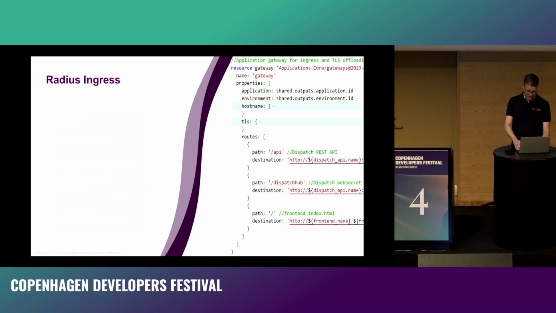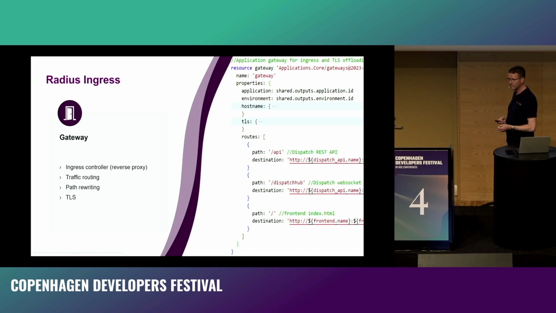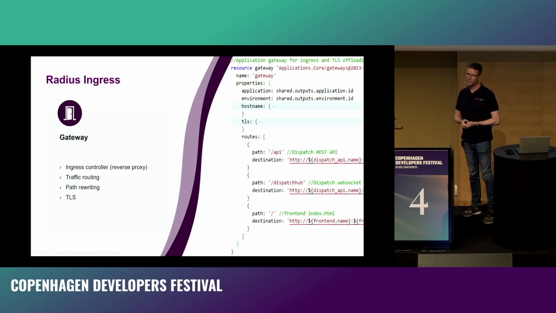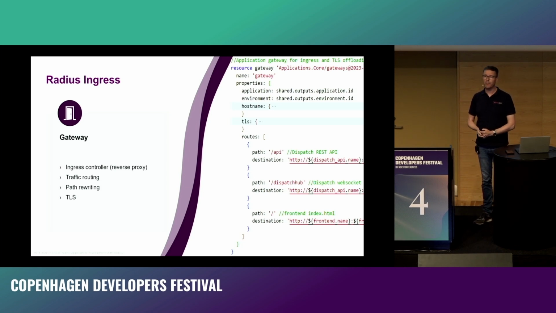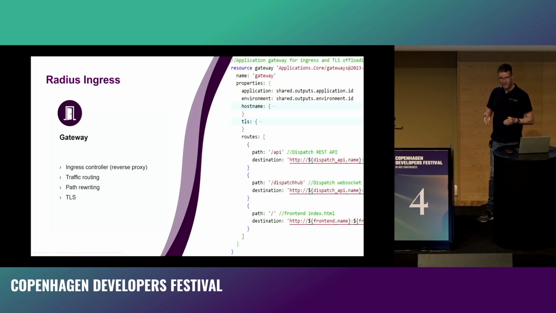And Radius has a concept of gateways to do ingress. And a Radius gateway will define routes, as you can see on the right-hand side. So it analyzes the path of an incoming HTTP request. And based on the contents of that path, it will say you go to the front end or you go to the back end. Whatever you configure here will happen.